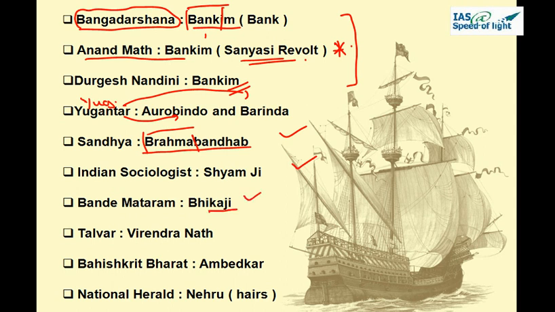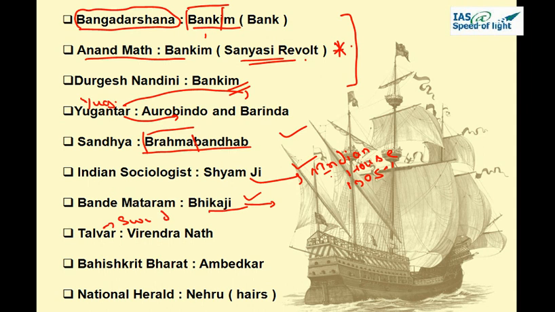Bhikaji, our image was of Bhikaji Namkeen, and Shyamji, our image was of Lord Shyam, Indian house. He set up India House with a knife. So five is knife, 1905, we learned that. Talwar, Virendranath. Virendra, our picture is of Virendra Sehwag, and in spite of batting with a bat, he's batting with a Talwar. Talwar is sword.